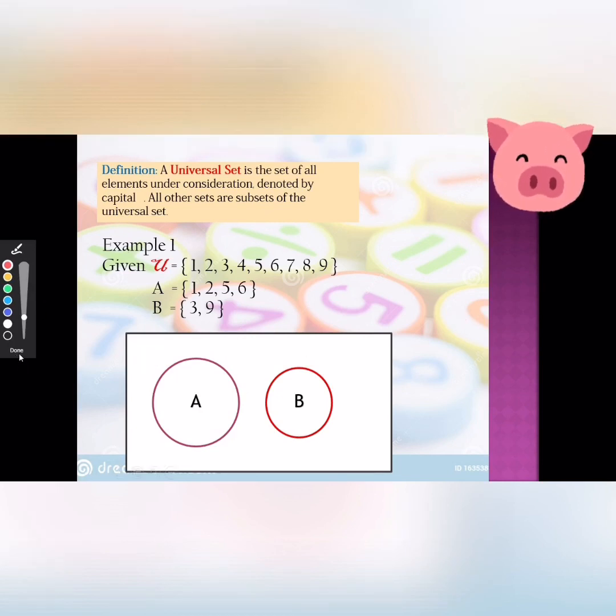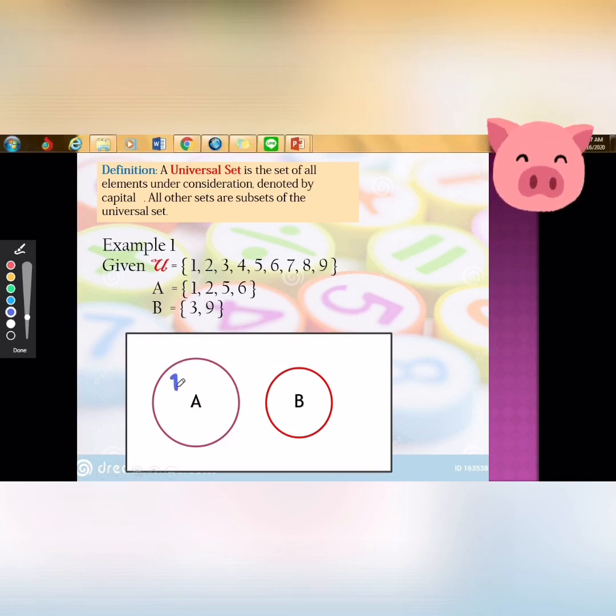As you can see, we just have to check here. We have 1, 2, 5, and 6. So we put all the elements in this one, and then you can put 3 and 9 over here. There you go.